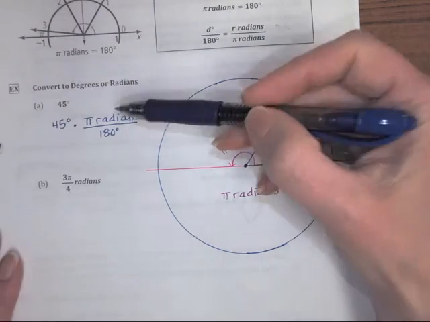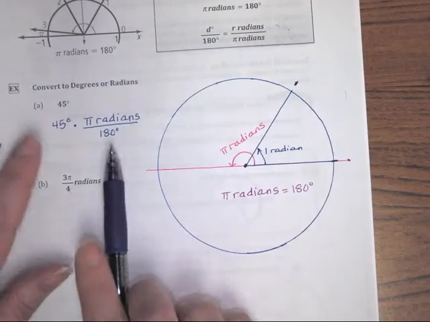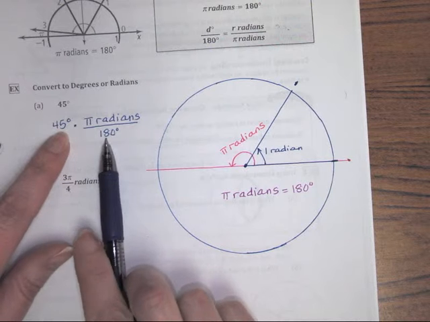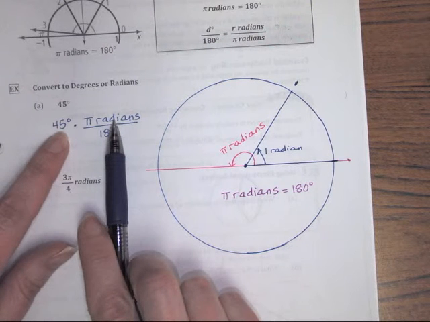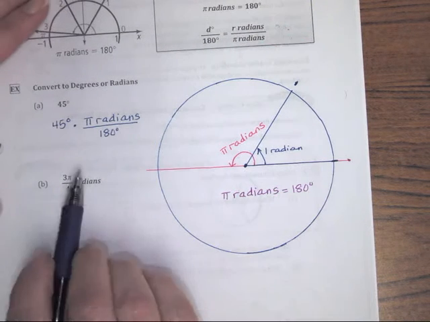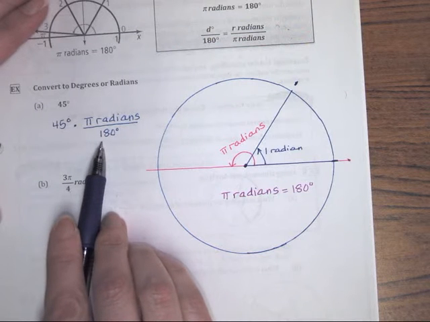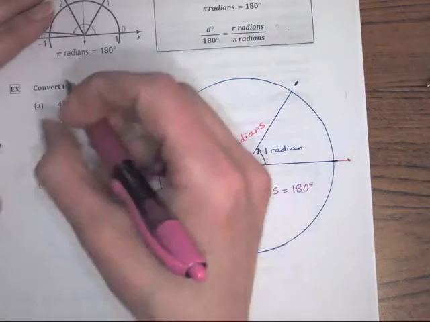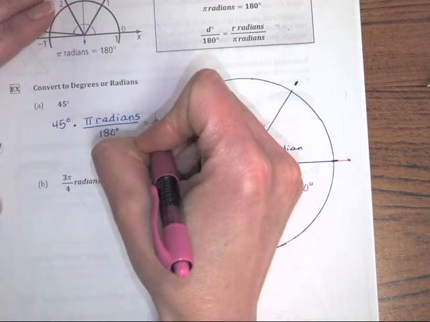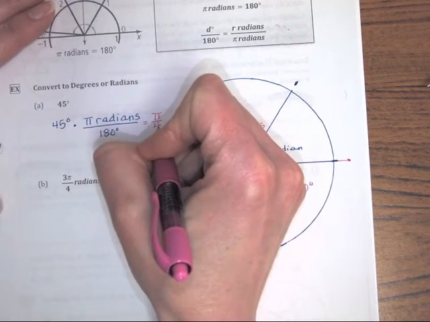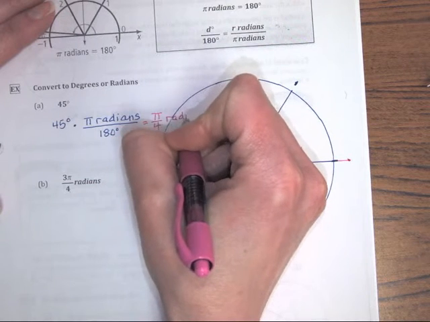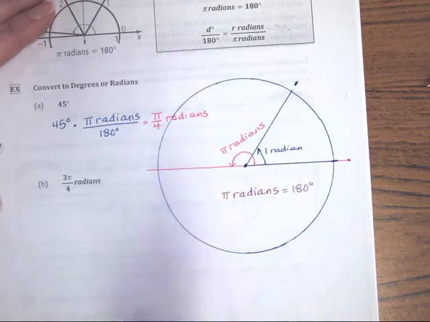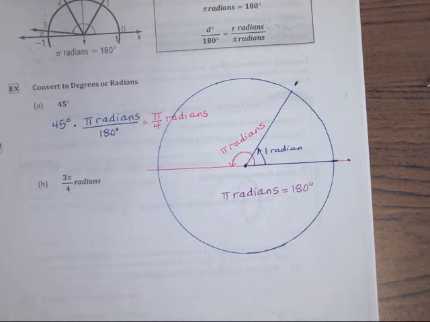And the reason it's this way and not flipped upside down is because I need the degrees on the bottom to cancel out, and I need to end with radians on top. Now, how many times does 45 go into 180? 4. So this equals pi over 4 radians. There we go. Pi over 4 radians.